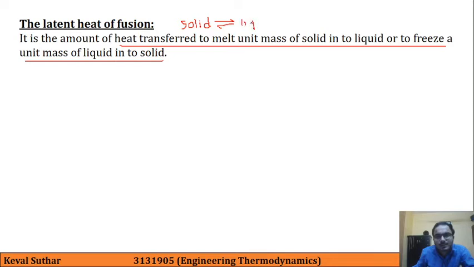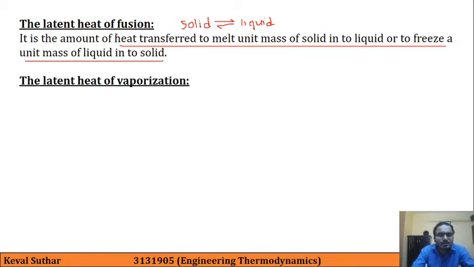If we consider, let us say, 1 kg of ice, the amount of heat required to melt this 1 kg of ice will be called latent heat of fusion, or the heat to be removed to convert 1 kg of water into ice is also latent heat of fusion.